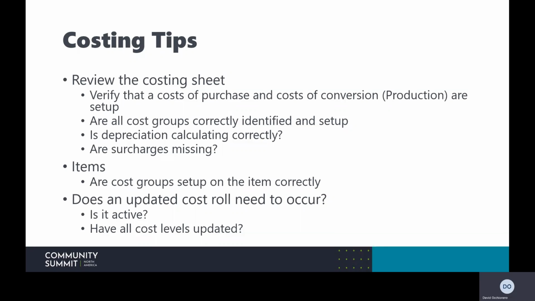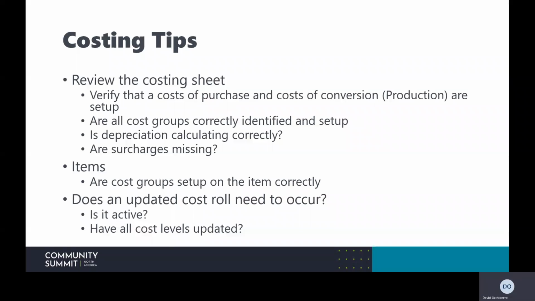So it's just kind of an evolving step, where you're peeling back layers of the onion to see, okay, how are my costs coming through when I review the costing sheet? Am I missing something? Do I need to add something? Is it calculating incorrectly? I've encountered each of these issues when reviewing clients' cost sheets.